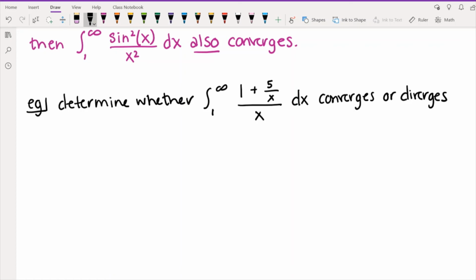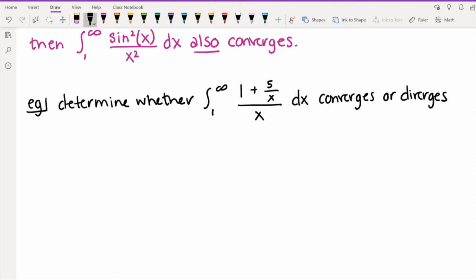This one's a slightly funny example because we could actually rewrite this fraction a different way where we could split it up. But let's say we didn't want to do that. We wanted to just look at it and figure out whether it converges or diverges.